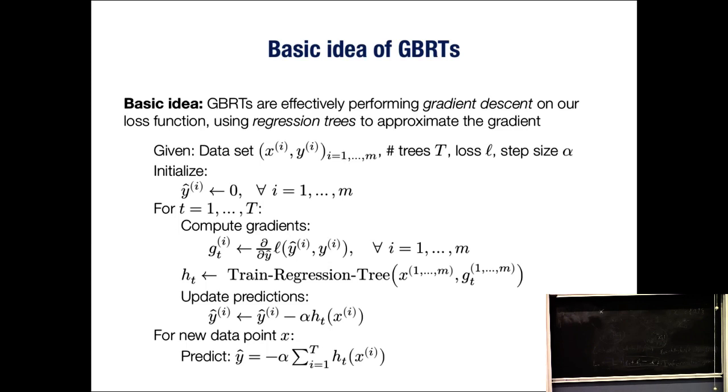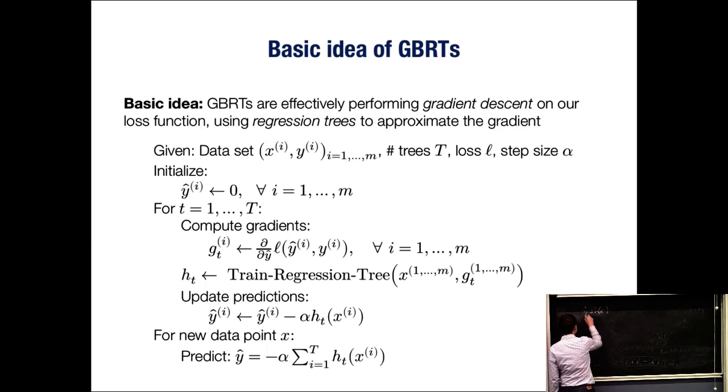And these will be like all the gradients, right? So the first thing will just be equal to h1 of that x. What I'm doing is simulating gradient descent without actually knowing the true targets. I'm using my trees to predict what the gradients would likely be on some new example.